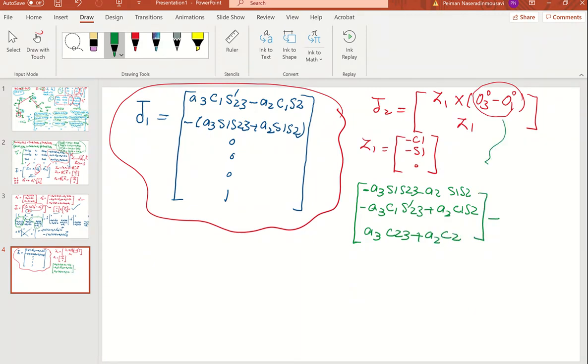Minus, I'm calculating this, O1 with respect to 0. Let us look at it. What is O1 with respect to 0? First let me double check this. I'm human and can make mistakes.